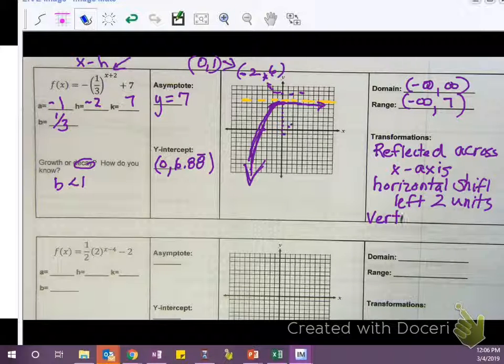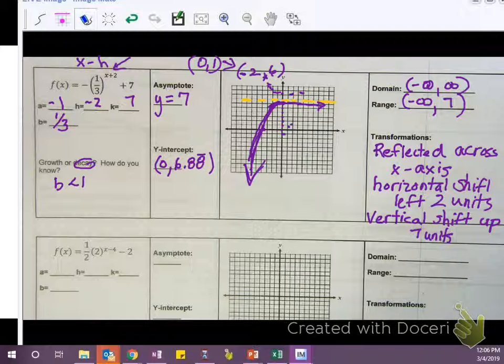So that was a vertical shift up 7 units. You have to tell me how far. You don't have to put the whole thing, right? You just say it's a vertical shift and it's 7 units. Well, no, you have to tell me it's up, because vertical shift could go either way. So if you're going to just give me the minimum, you need to say shift up 7 units.